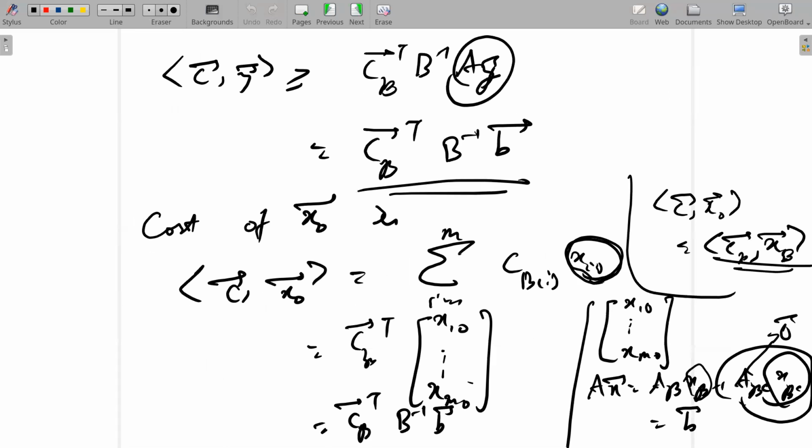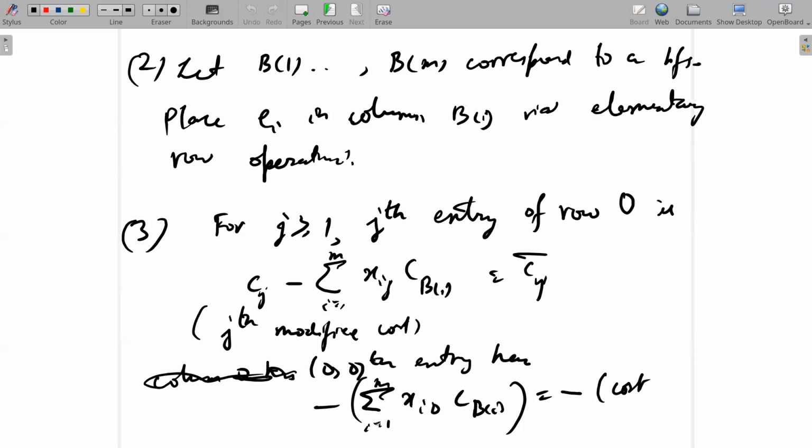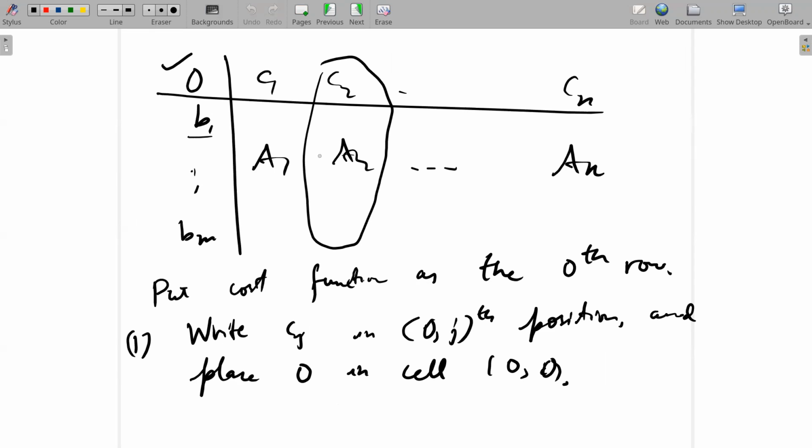So we have looked at it from many different angles, right? Here the cost was CBi xi0. So if I'm doing this operation where I'm looking at the jth column and multiplying by CBi, so you multiply CBi with this matrix X and subtract. Here I'm doing this to an extended matrix. So typically what I would do is multiply this row vector to this matrix X and subtract from this row vector. Okay, let me just write it out. So you have this row vector C1, C2, Cn.